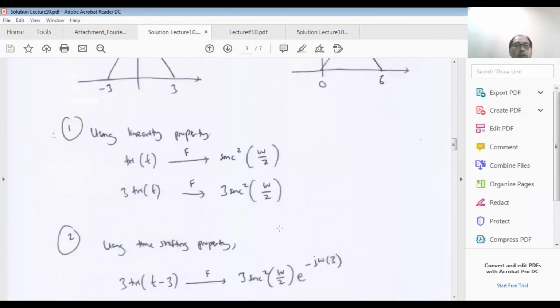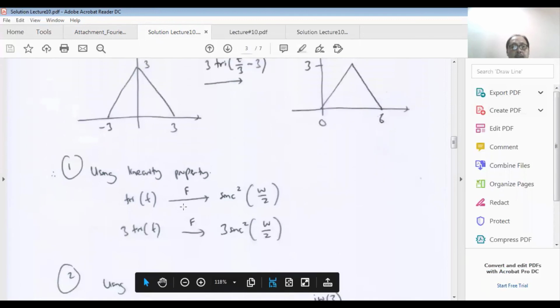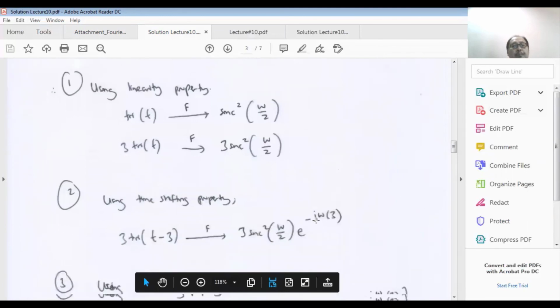You can refer to the linearity property. Triangular T gives us sinc squared omega divided by 2, so for 3 triangular of T, you get 3 sinc squared omega divided by 2.